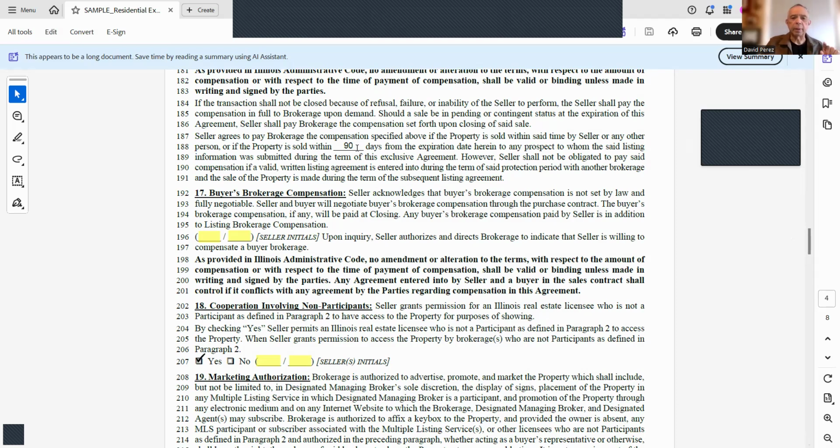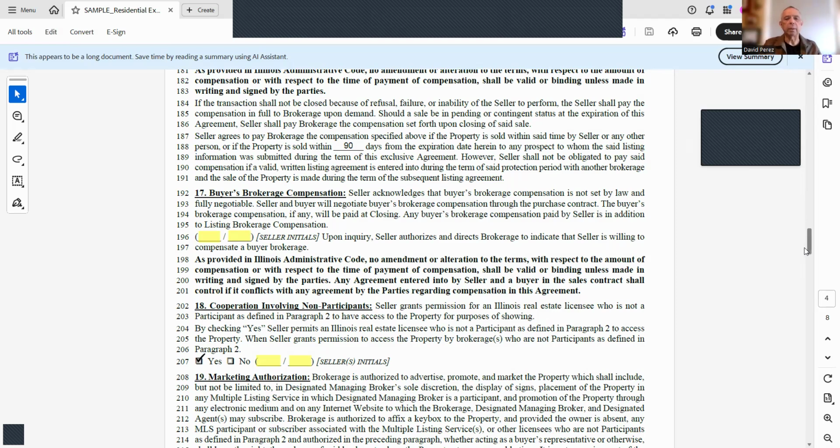That 90-day period is covered in the contract. So if somebody who saw the house while we were on the contract comes back within 90 days after the expiration date, the seller would still need to pay the agent the compensation.